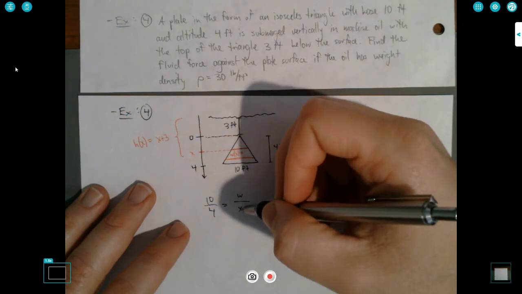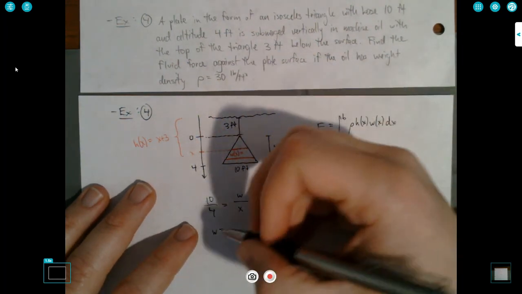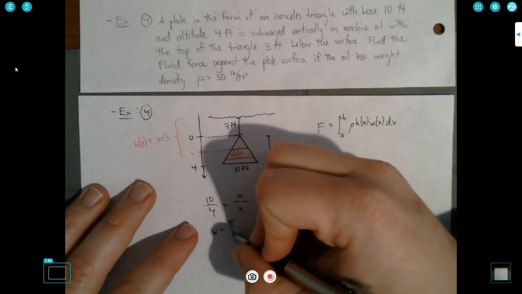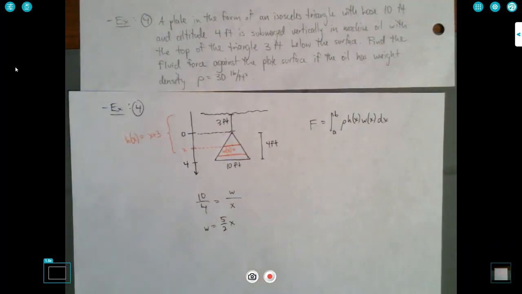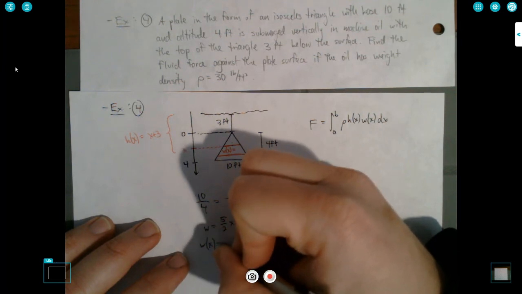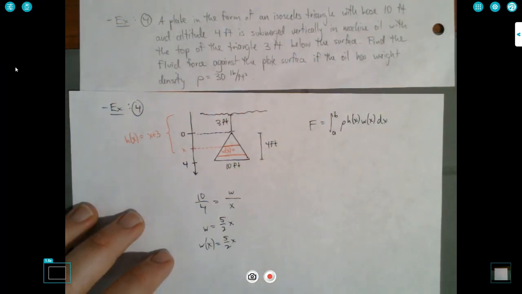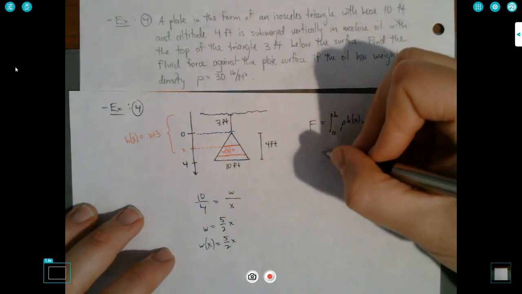If I multiply by x, then I get w equals 10 over 4, which simplifies to 5 halves, so w equals 5 halves x. That's w of x. So I think I'm ready to plug into my formula now.